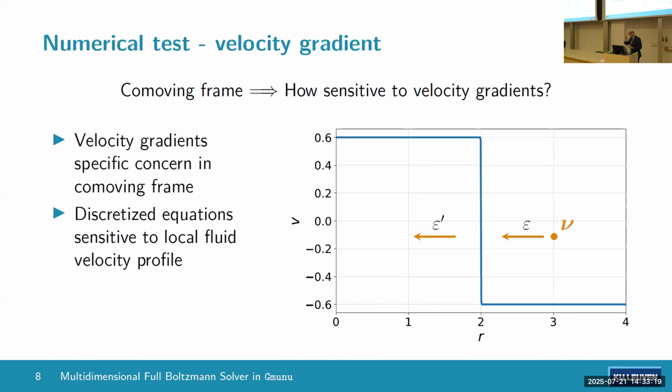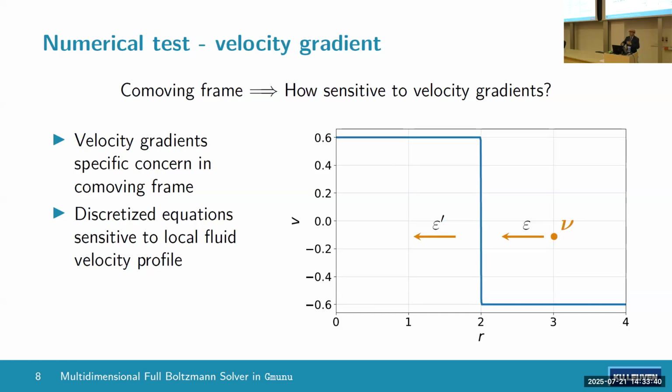Okay, so let me not just talk about the implementation, but try to convince you that the implementation is moving in the right direction. One of the things I talked about is that in the co-moving frame, we are sensitive to velocity gradients. So the question is, should we be concerned in this case?